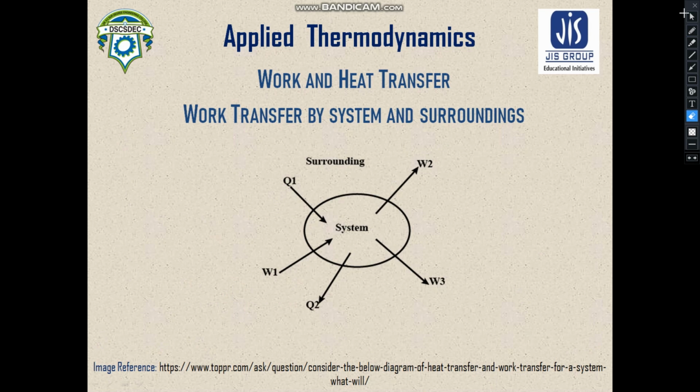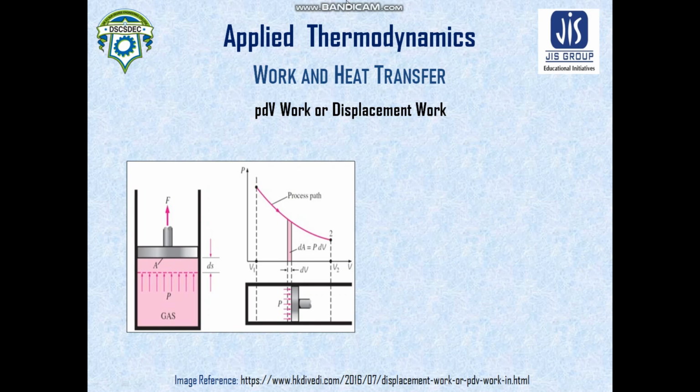So let us move on to the special types of work, the most important of them, which is PdV work or displacement work. We will now be discussing this PdV or displacement work.